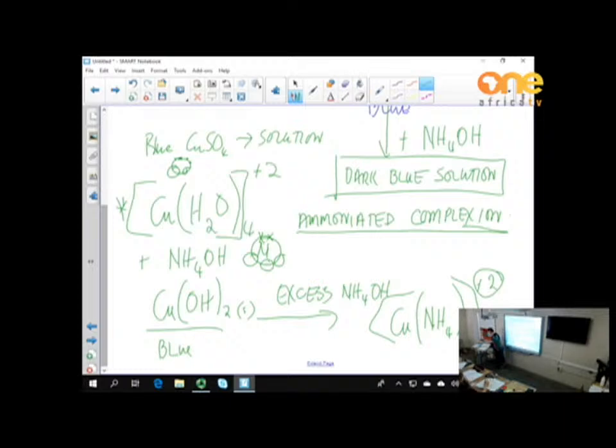The new complex is formed, it's darker blue. I'm sorry, I made a mistake over here. It's NH3. Okay. 4. So it's the ammoniated complex that forms.